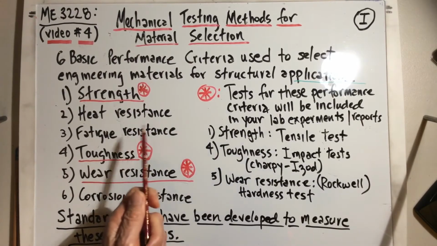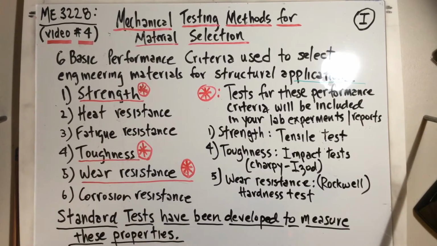But heat resistance can be a factor, especially when we're talking creep, and especially outside the realm of metals when we're talking polymers. That can definitely be an issue with respect to what the heat resistance might be. And some of them have very low heat tolerance, and some have high heat tolerance.